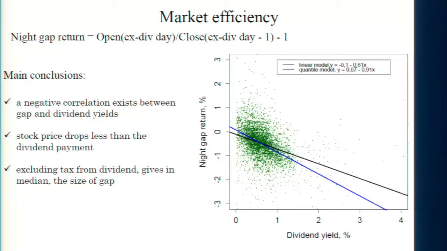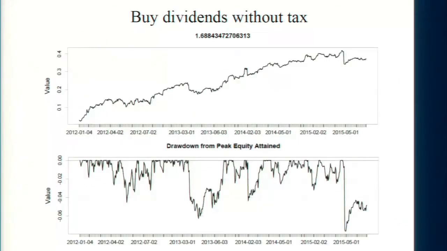What we found is that there is a negative correlation between gap size and dividend yield, and also the dividend is larger than the gap size. But when we take tax out of the dividends, we get 0 in the result.